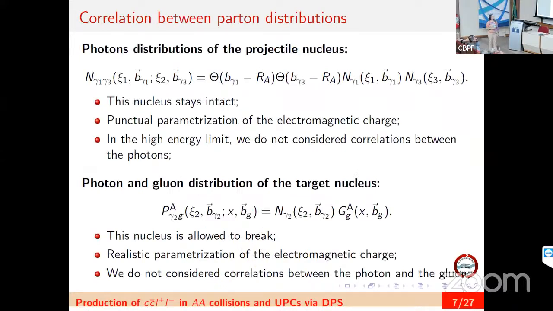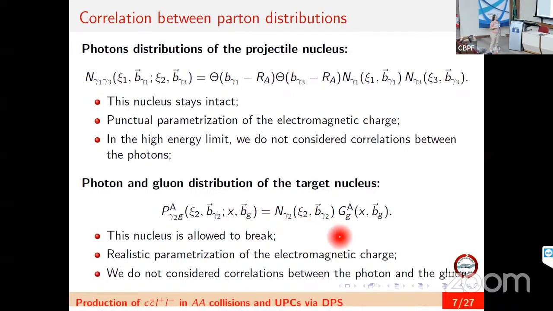So let's look at the correlation between such partons. In the high energy limit, it is reasonable to think that the photons coming from the projectile have no correlation between them. Here, this half side function is just saying that the photon is outside the target.